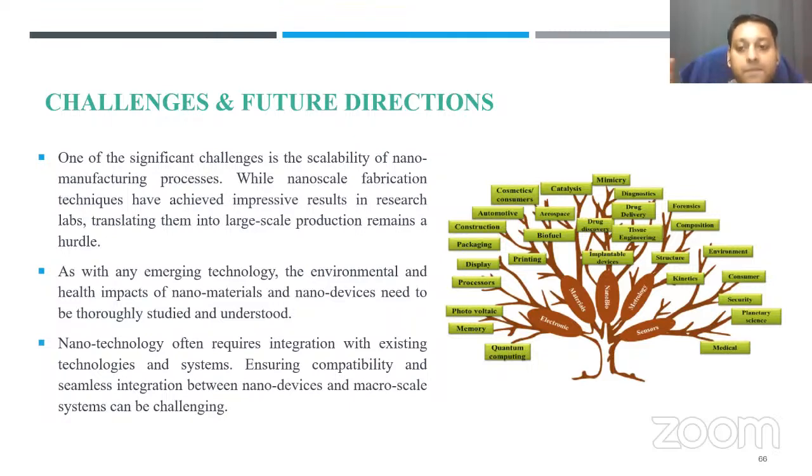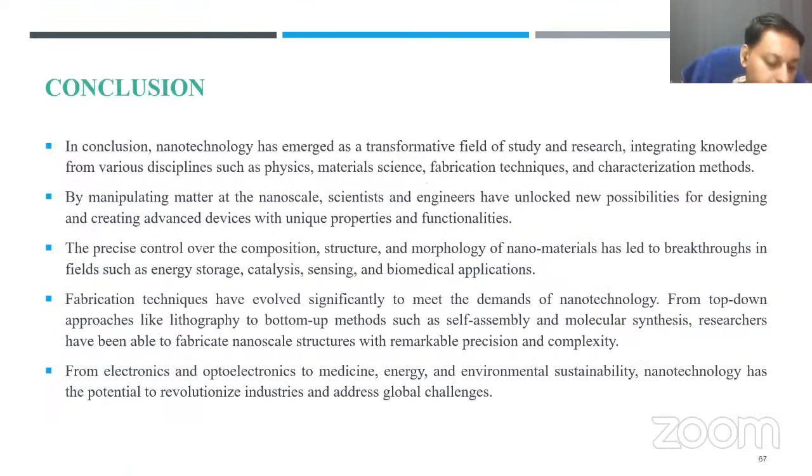It is an interdisciplinary field, nanotechnology, which requires the expertise of electronics, materials, nanobio, metrology, sensor technology, etc. When people from different backgrounds come together, only then can we achieve exciting applications of nanotechnology, like quantum computing, memory, photovoltaic applications, processors, printing, automotive, aerospace, drug delivery, tissue engineering, forensics, structures, environmental applications, consumer applications, security, planetary science, medical applications, etc. So, I'll conclude my talk here.